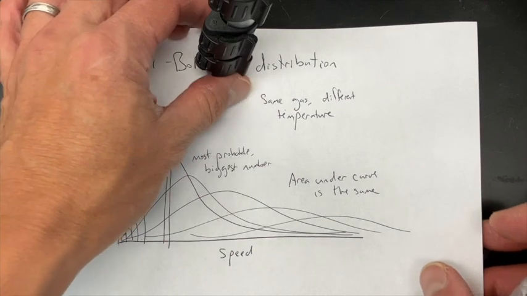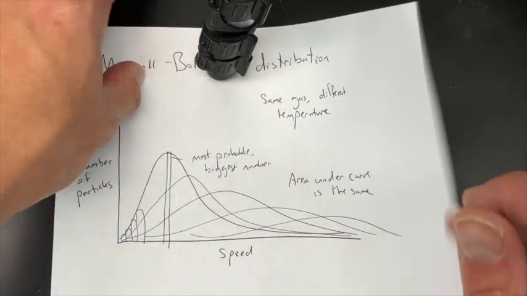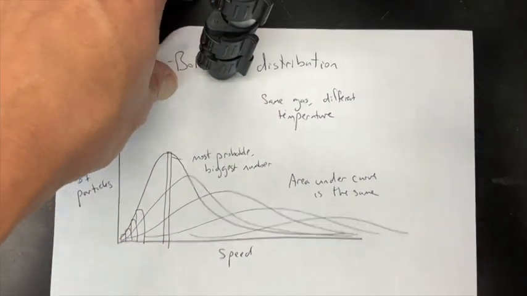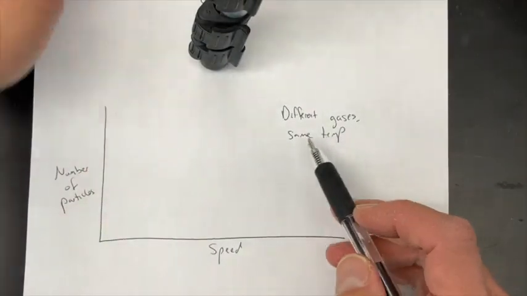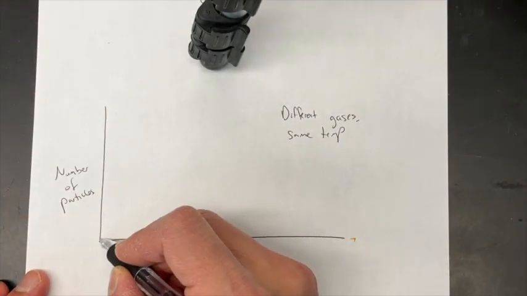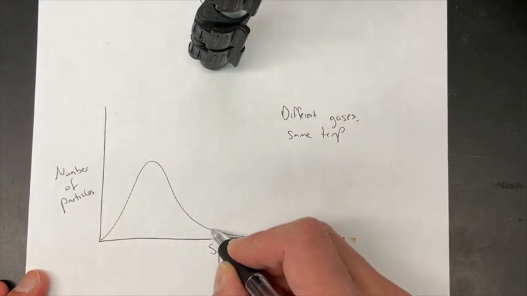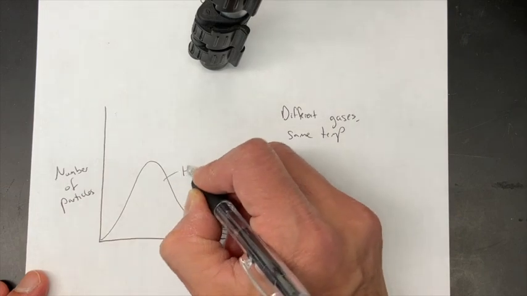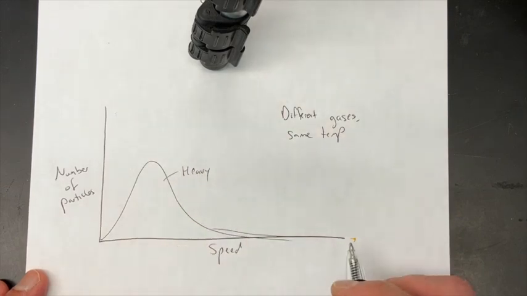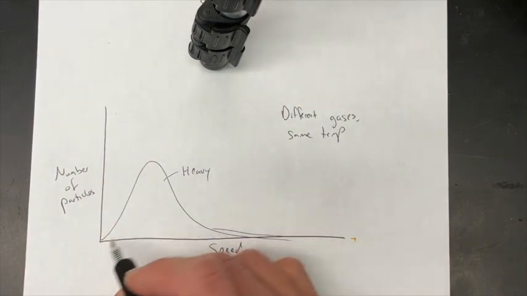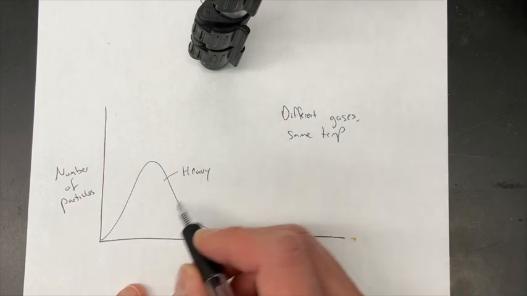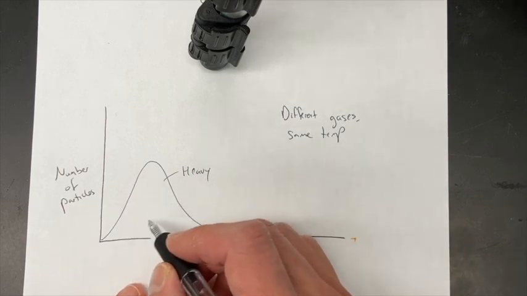The other scenario we looked at was different types of gases at the same temperature. So this shows two different gases at the same temperature. Let's say I have this graph like this. Okay, this is a heavy gas. Well, if I have a lighter gas at the same temperature, it's not going to have the same distribution.